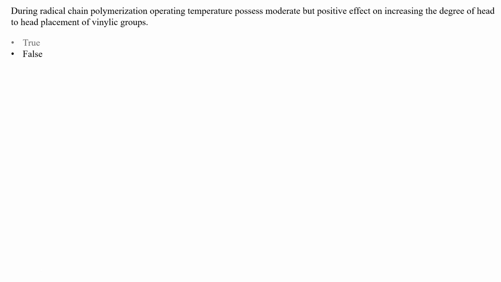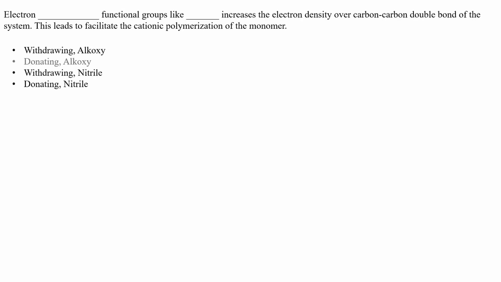Because of that, the different vinyl groups are present on the same side with the head-to-head arrangement, and because of that, the arrangement is moderately controlled by the operating temperature. That's why the placement of the head-to-head groups of the vinyl monomers is true. So that's why the statement is true.